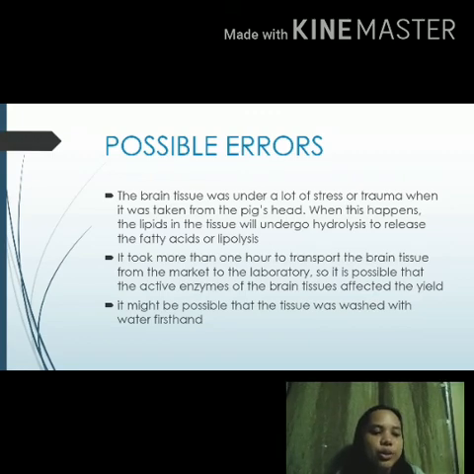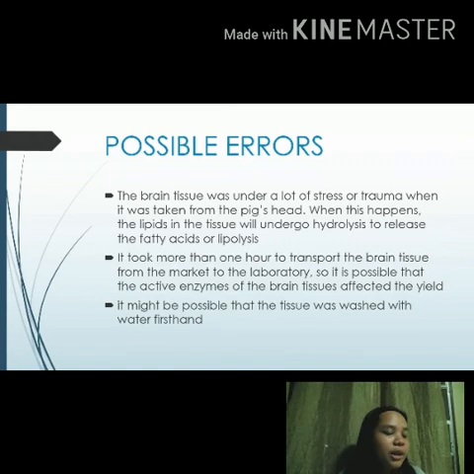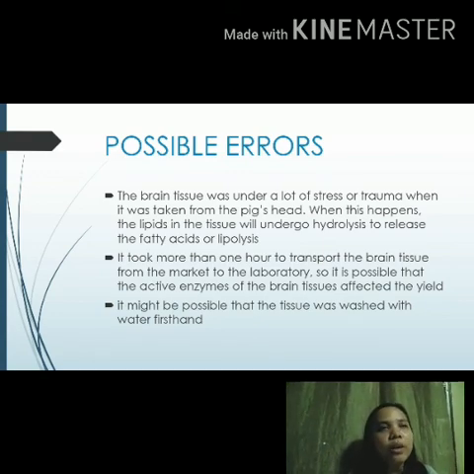So the brain tissue was really exposed to not cold temperature, which is the supposed ideal condition for the tissue to not lose its lipids, or the lipids could have undergone lipolysis. And then lastly, we didn't know if the brain tissue was washed with water. If it was washed with water, then it might have affected the yield too.